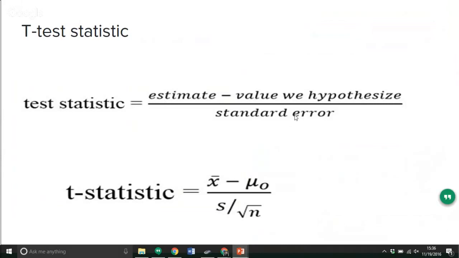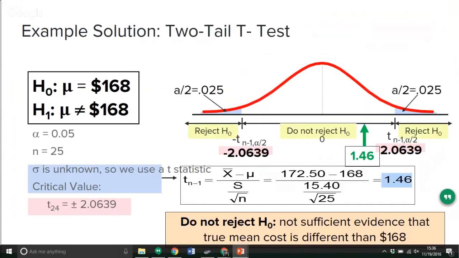And what we're doing is dividing by the standard error. The standard error is a distribution of the errors. Again, I'm not going to get into what that actually means, because this gets more complex, and SPSS calculates it for us, so we don't have to worry about it too much.